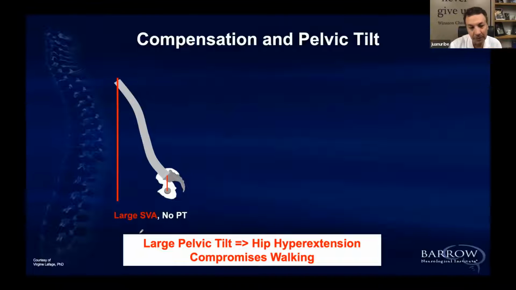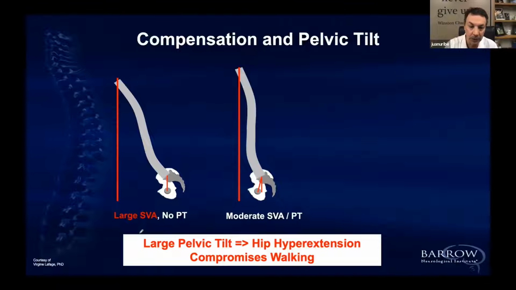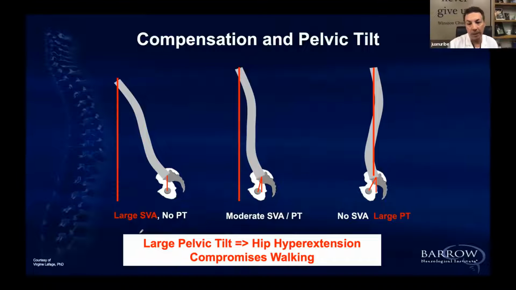The next one that is very important is the pelvic tilt. The pelvic tilt is very interesting because it's a compensatory mechanism, but unfortunately, not everybody has the ability to compensate with the retroversion of the pelvis. When you have a good ability to retrovert your pelvis, you move your pelvis back, and then you're able to compensate for the loss of lordosis.